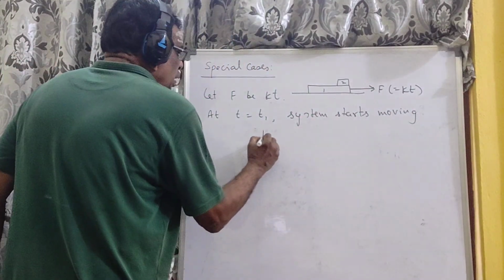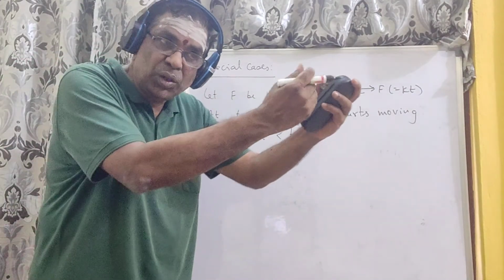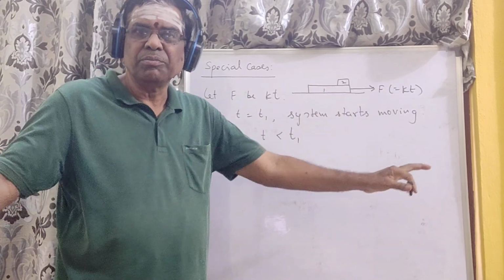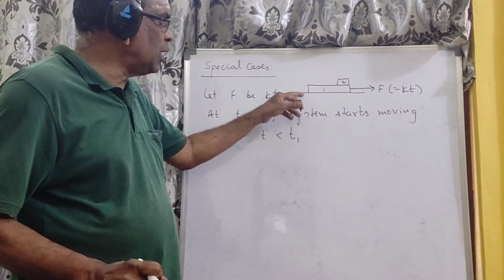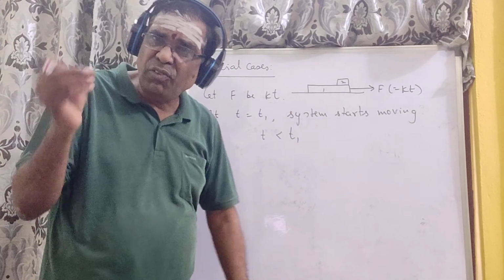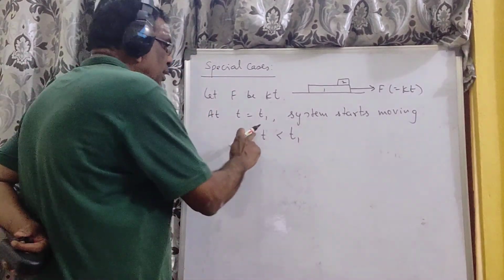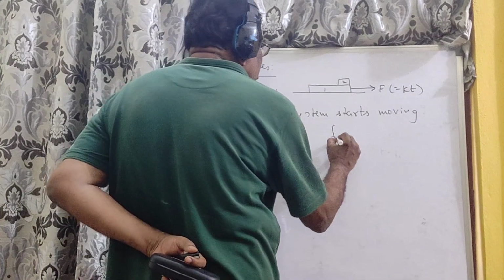So, T less than T1. Before that time, you are applying the force, but the system is not moving. But there is a force, so that opposing force will develop here. So F1 will be F1 static for T less than T1.